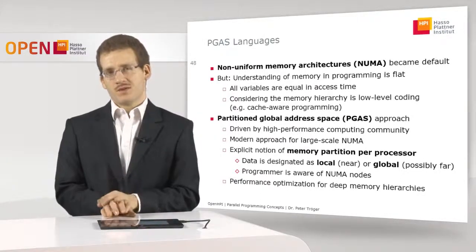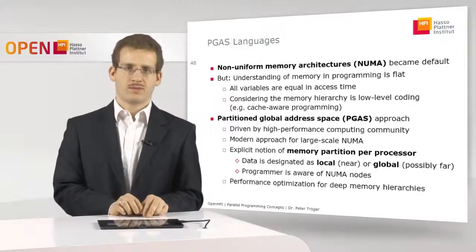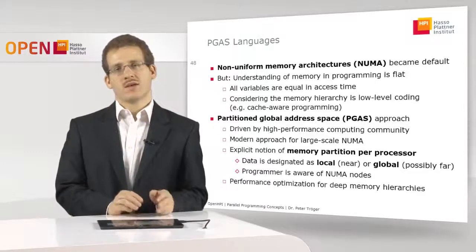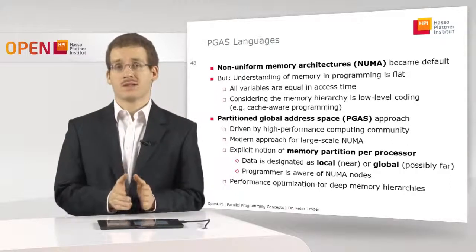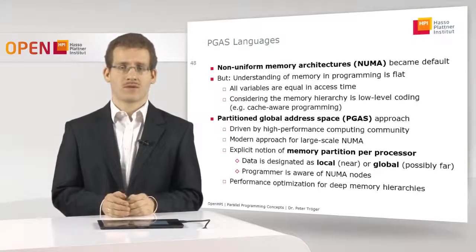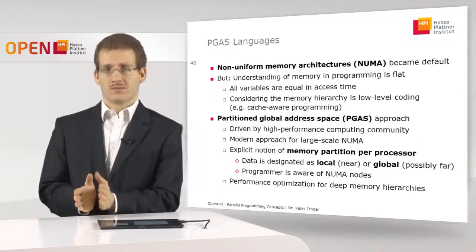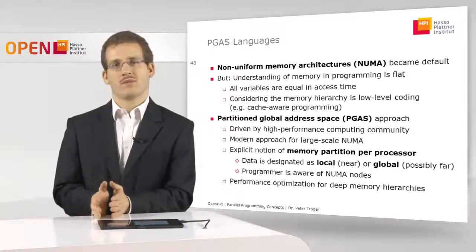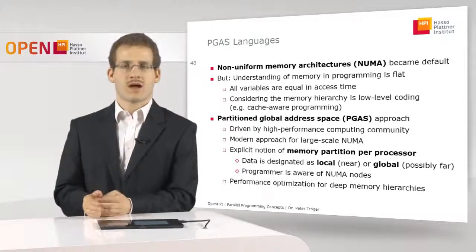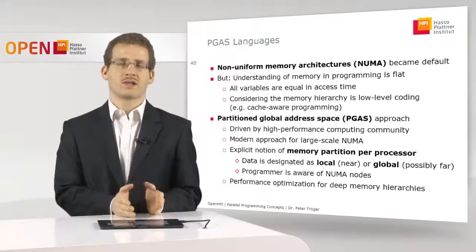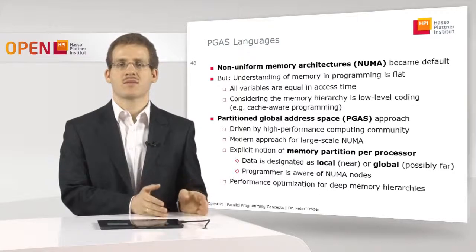When we move this concept to the programming language, so when we make this explicit for the programmer, this allows to have better optimizations for the particular situation. So a programmer that is aware of the fact that some memory is faster than the other may now design the program in a way that frequently accessed data items are only kept in local memory, while not so frequently accessed items are kept in another part of memory.